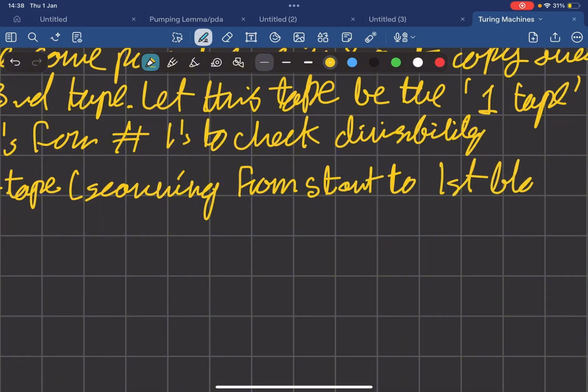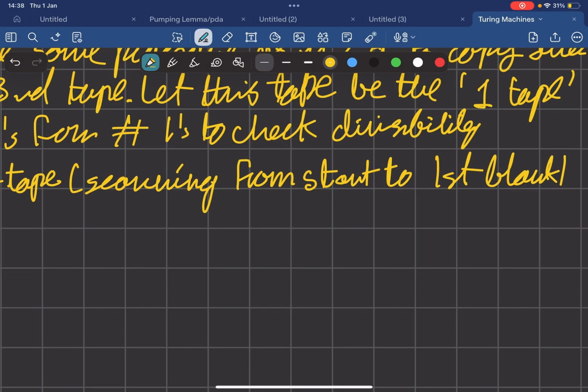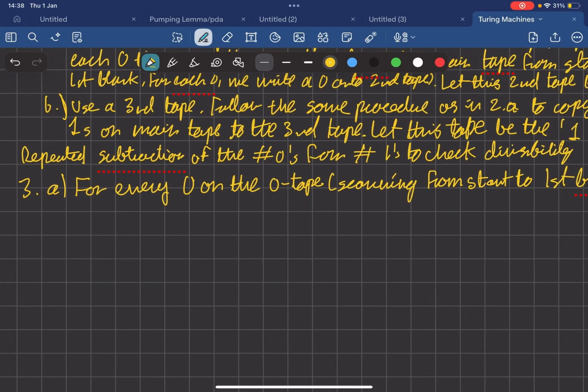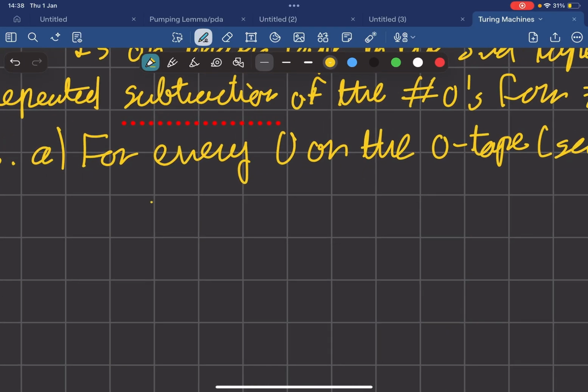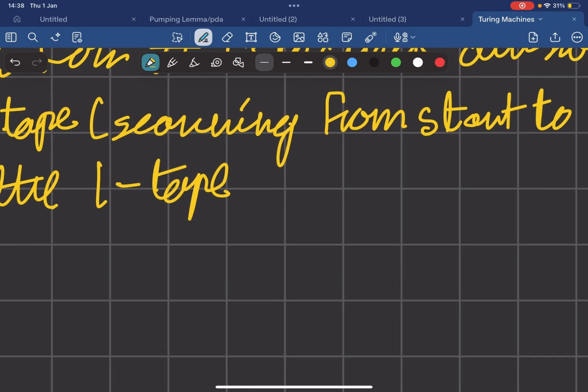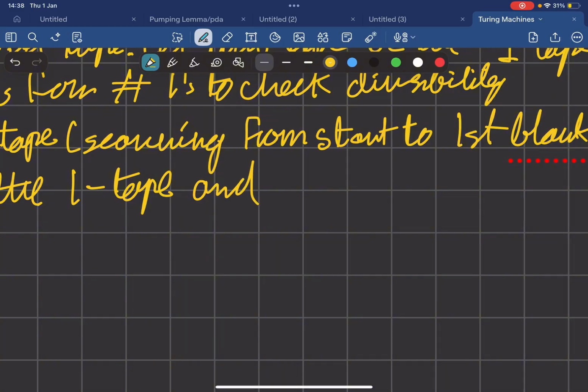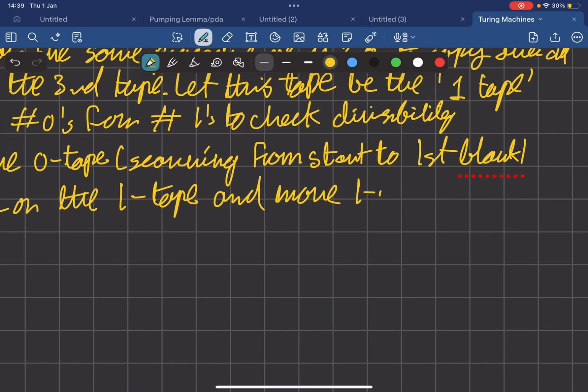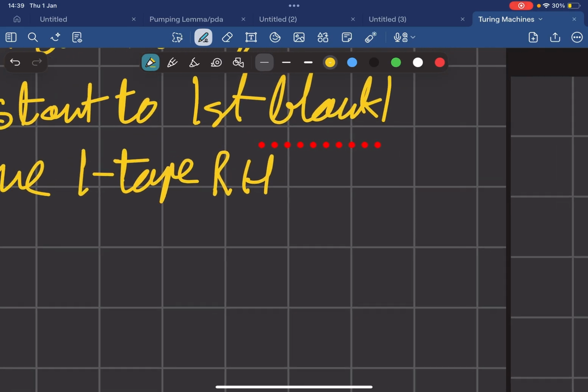We want to cross out a 1 on the 1 tape and move the read head to the right by 1. So by RH I mean read head.